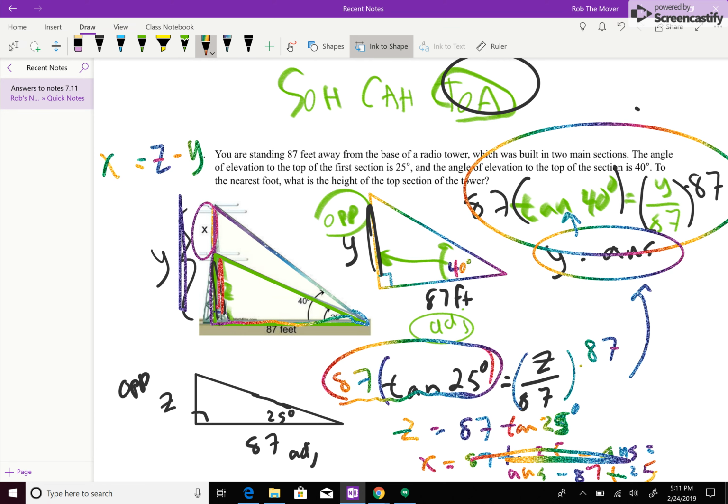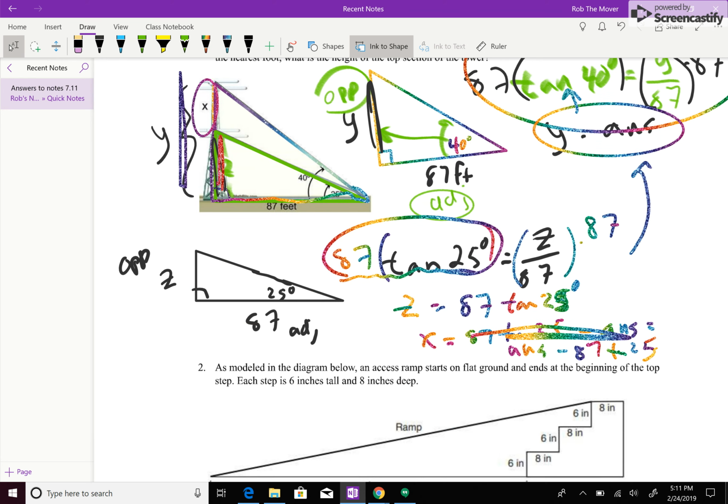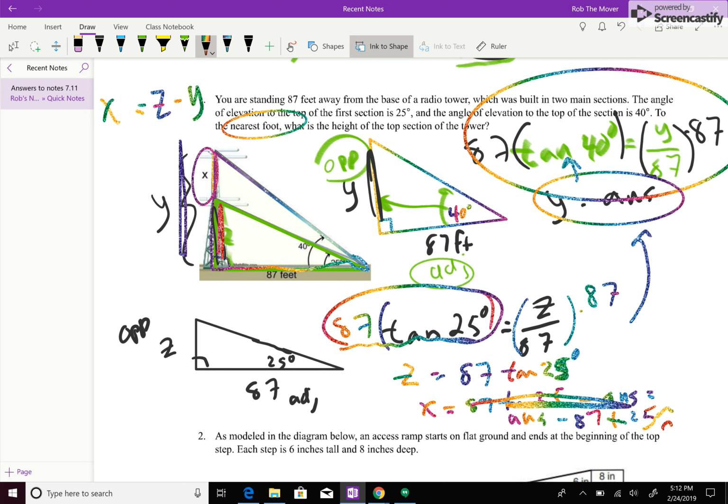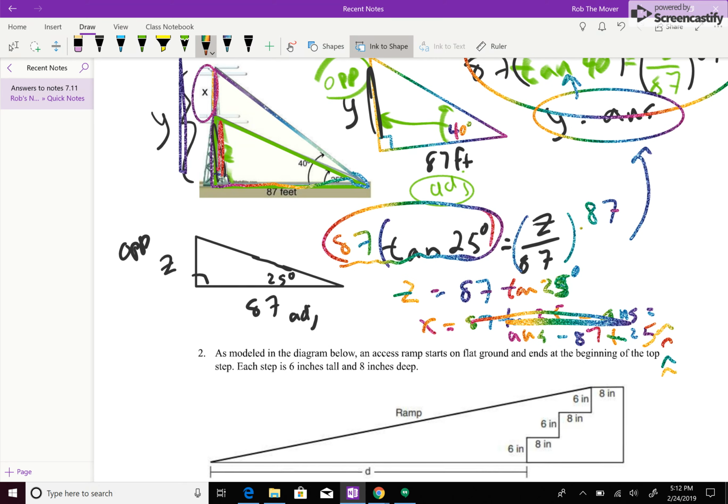In essence, we're taking 87 tangent 40 minus 87 tangent 25. Excuse my writing here, still getting used to this pen. 87 tangent 40 minus 87 tangent 25, and it's about 32 point something, 0.4. And we're rounding to the nearest foot. So this is approximately equal to 32 feet. That's my final answer for x.